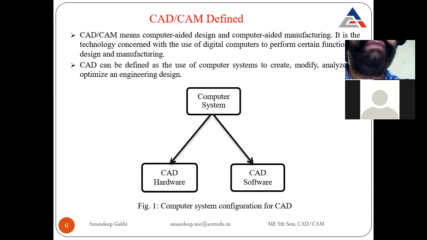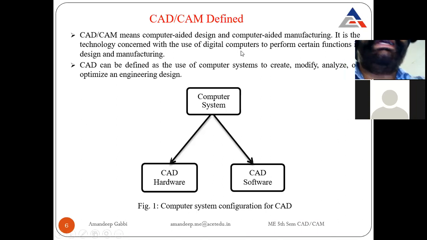So CAD can be defined as the use of computer system to create, modify, analyze, and optimize an engineering design. This is called computer-aided design. So different components, computer system configuration.